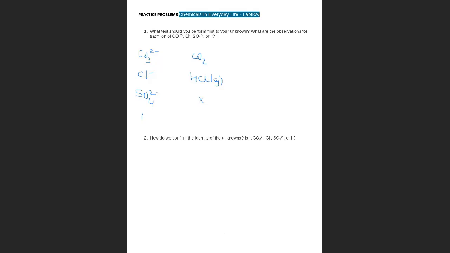And if you have iodine and you add sulfuric acid, you're going to see kind of violet or red vapors of iodine. Very good. Let's look at the question number 2. How do we confirm the identity of the unknowns?